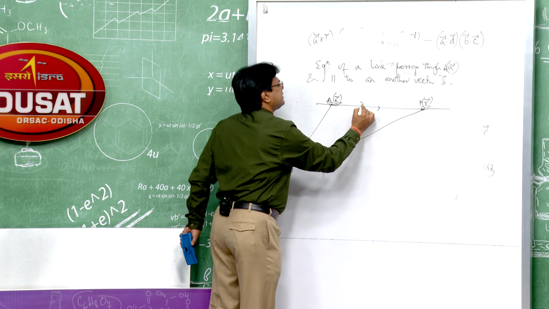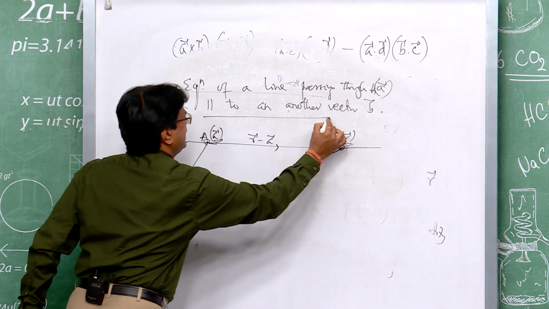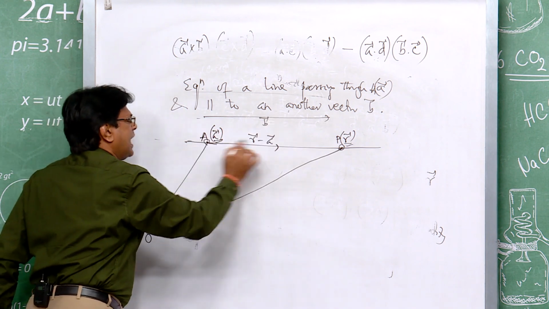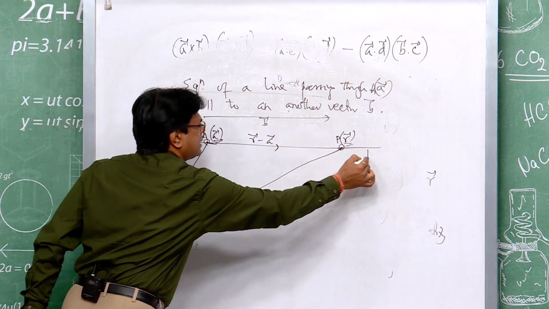So, r minus A, this is your vector r minus A. Now, we draw another vector, this is B. This line is parallel to the vector B. So, you have to find the equation of this line.